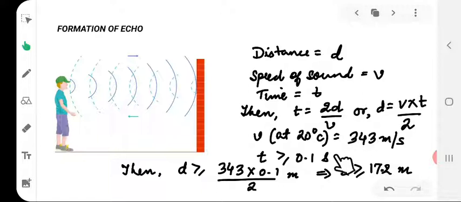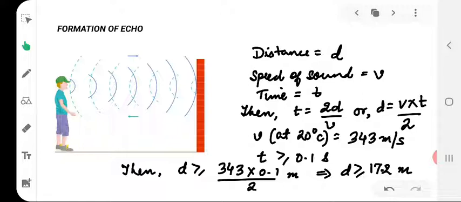So using these two values, one for speed and one for time, we get the value of distance to be greater than equal to 17.2 meter. So the minimum distance in air at 20 degrees Celsius between the observer and the obstacle for the echo to be heard clearly should be 17.2 meter.